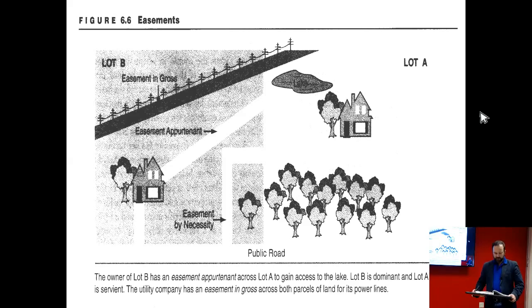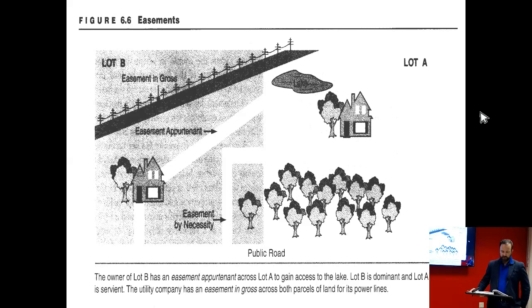Lot B is the dominant and Lot A is the servient. The utility company has an easement in gross across both properties for the power lines. So an easement appurtenant is where one is the servient and one is the dominant.